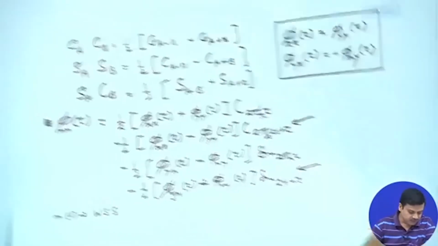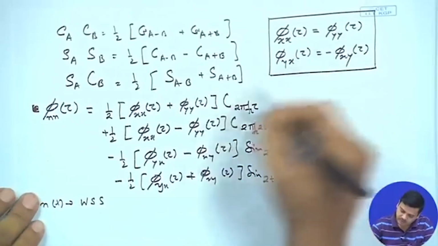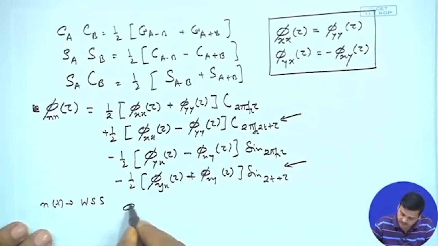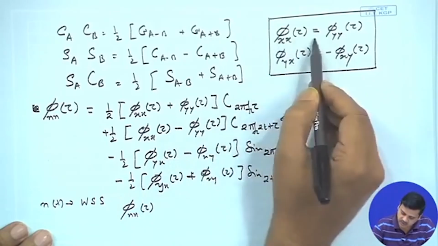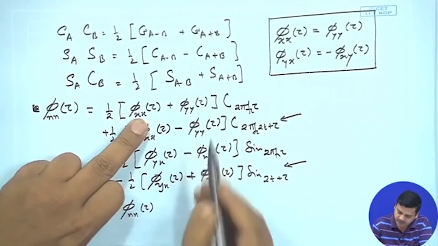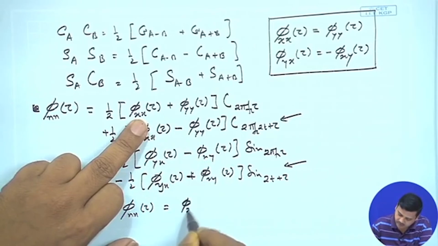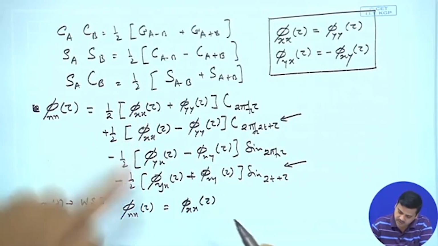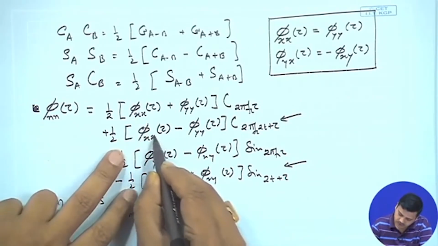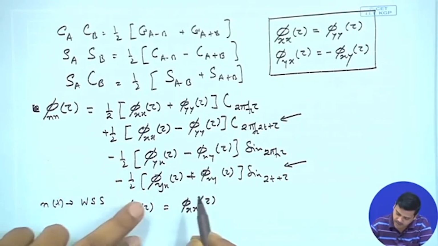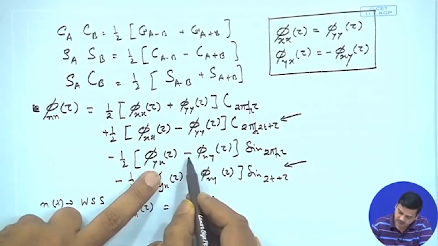Along with this, if we fit it back, we are going to get phi nn of tau. Since these two are equal, phi yy equals phi xx, this is equal to 2 times phi xx of tau, and these other terms go to 0, so we are left with this.